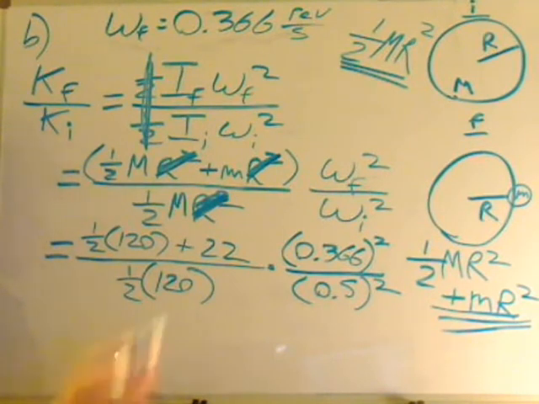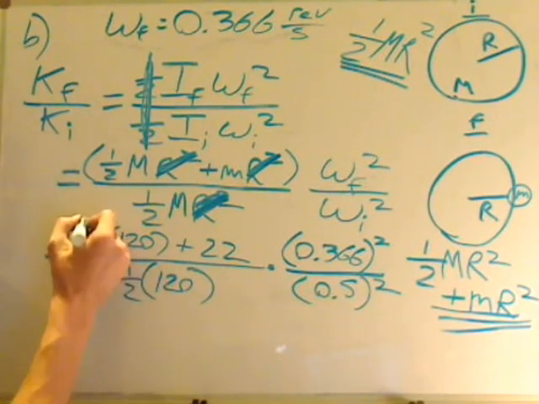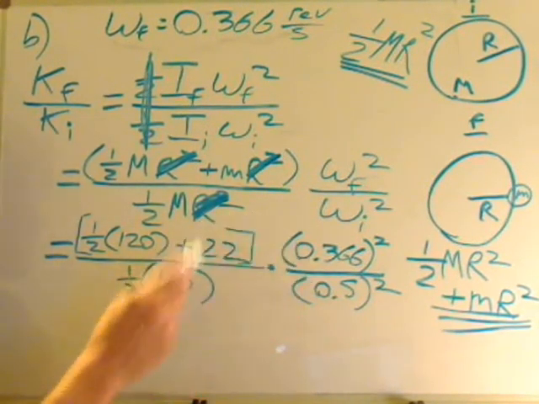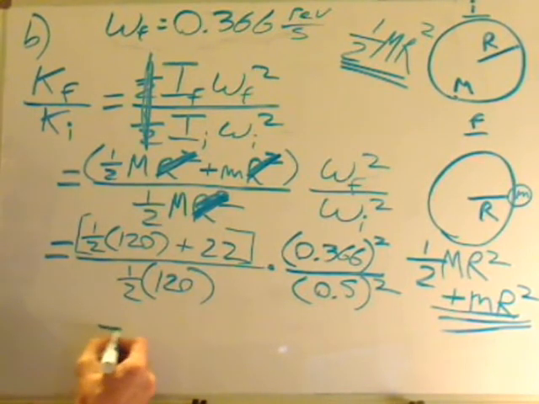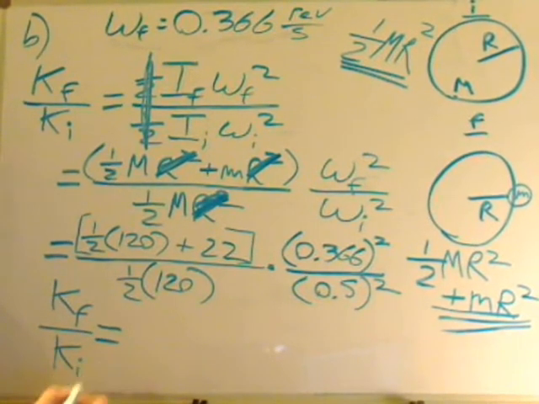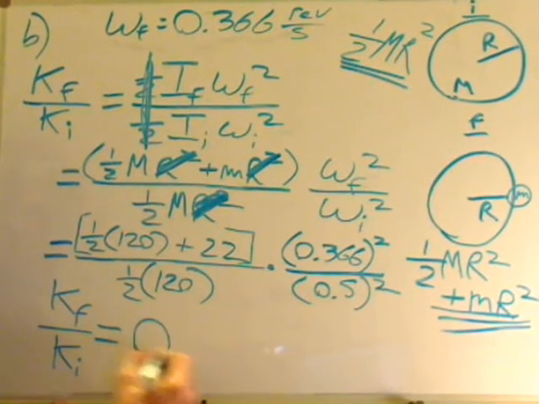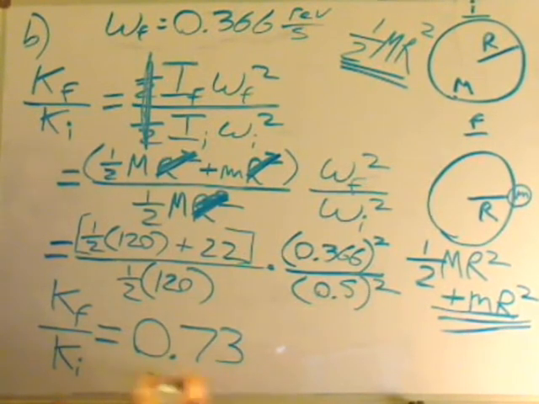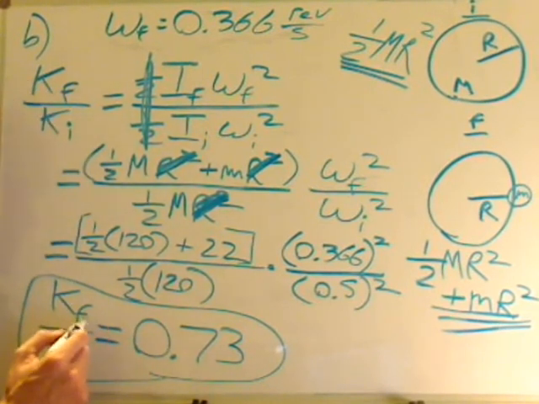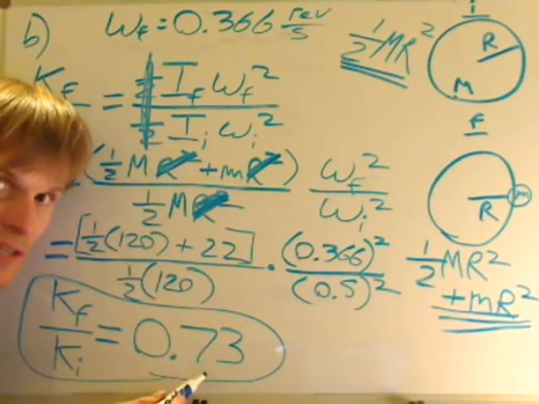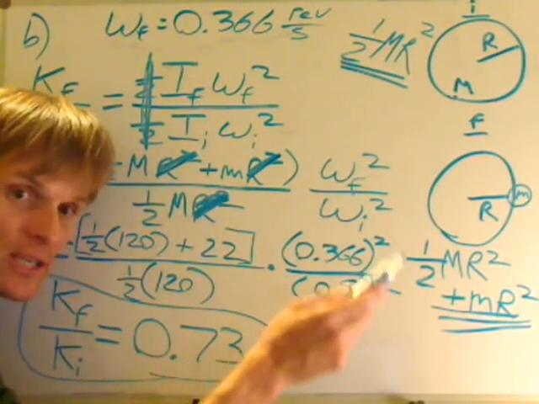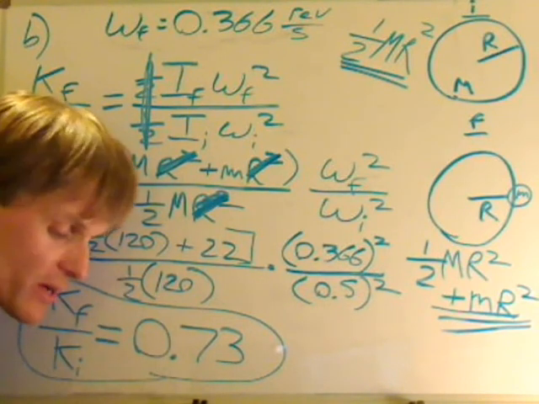We do this calculation, and the number you get for the ratio of final kinetic energy to initial kinetic energy is 0.73. What that means is our final kinetic energy is about 3/4, about 73% of our initial kinetic energy. So we've lost kinetic energy in this process of the child jumping on the merry-go-round.